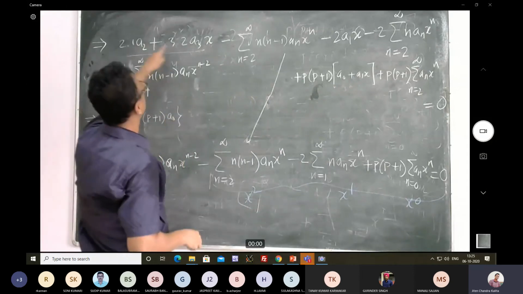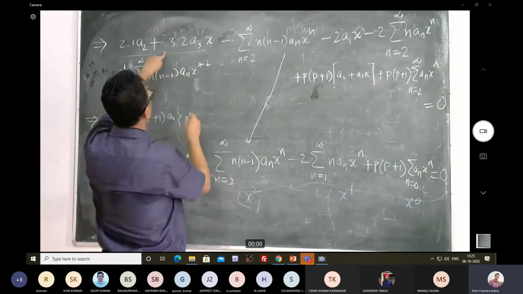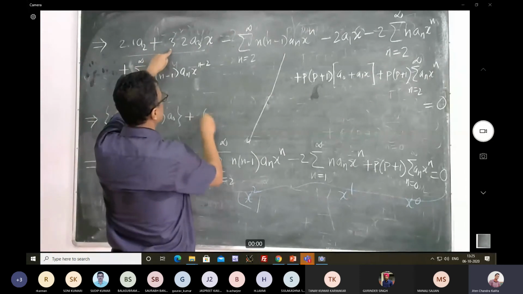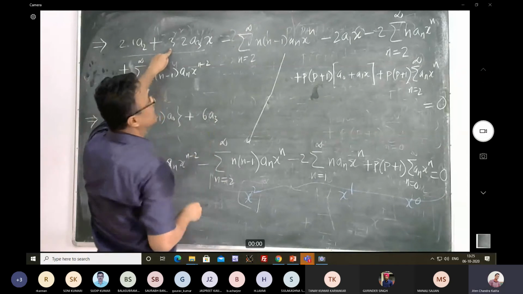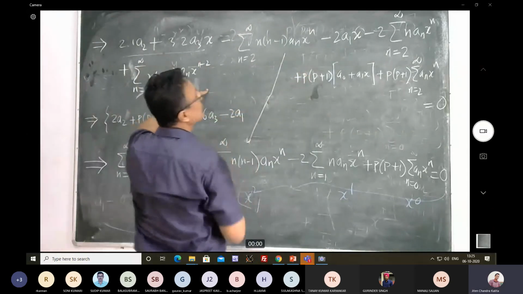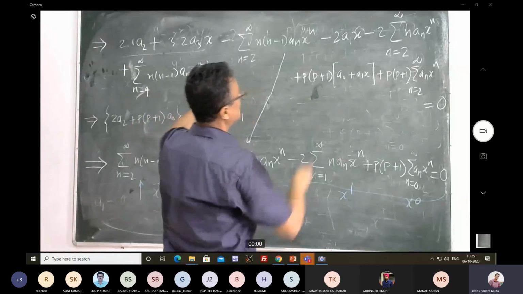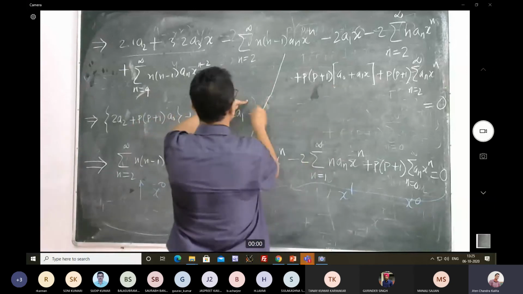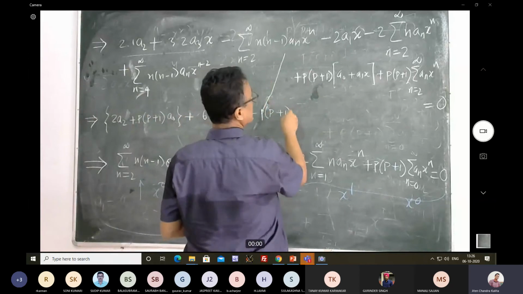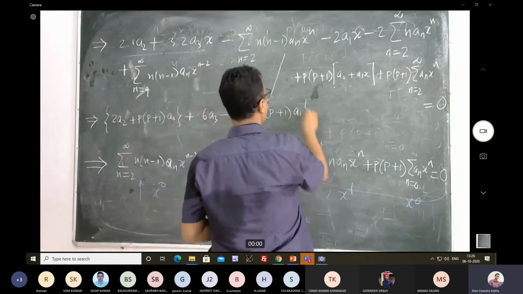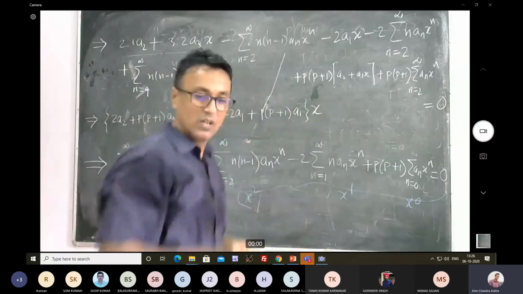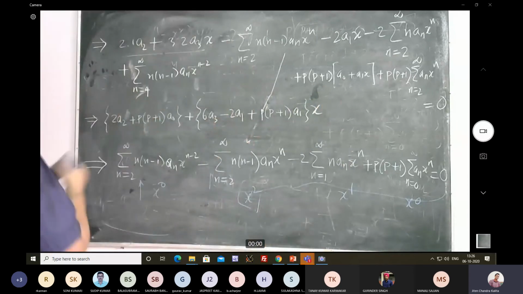Then here I am going to get 6a3, from here minus 2a1, and from here plus p into p plus 1 a1 into x. So now let me concentrate on the other terms.